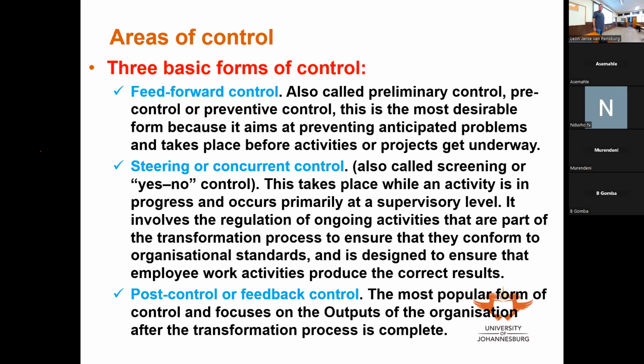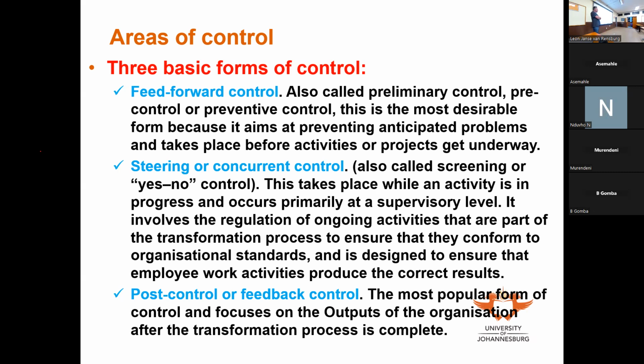So there are 3 basic forms of control: feed-forward control, steering or concurrent control, and then post-control or feedback control. Feed-forward is also called preliminary control, pre-control, or preventative control. This is the most desirable form because it aims at preventing anticipated problems, and takes place before activities or projects get underway. So this happens beforehand, it's almost like predictive.